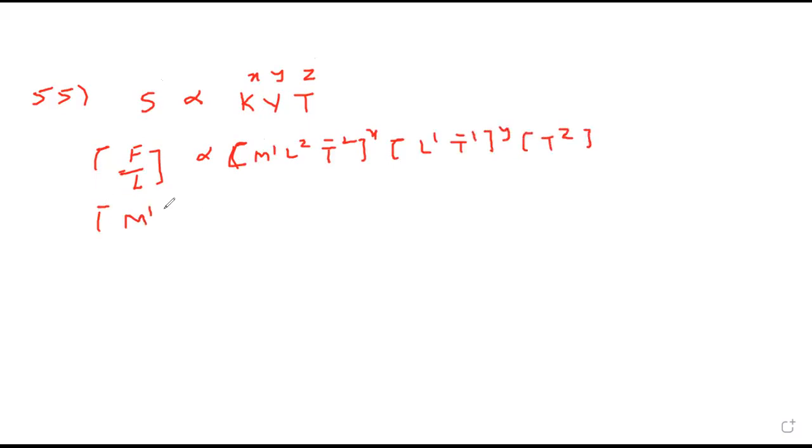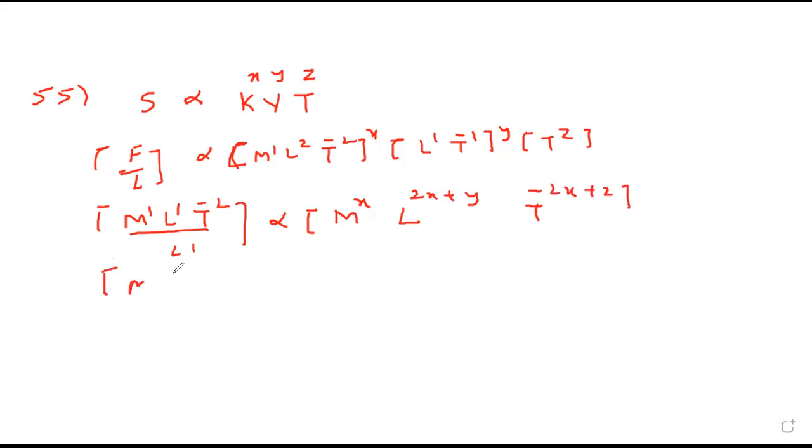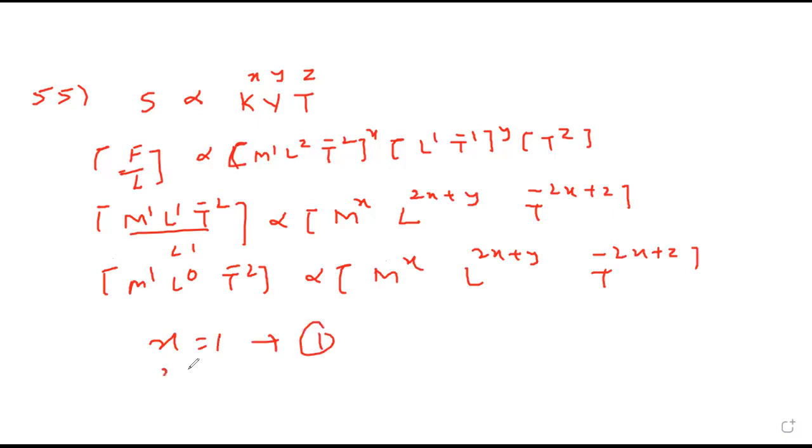So M1 L1 T minus 2 upon L1 gives M1 L0 T minus 2, which equals M to the x, L to the 2x plus y, T to the minus 2x plus z. Therefore x is 1, 2x plus y is 0, and minus 2x plus z is minus 2.